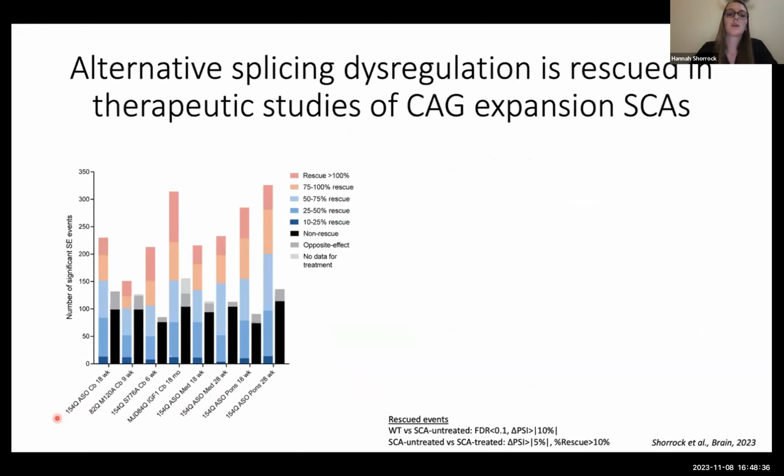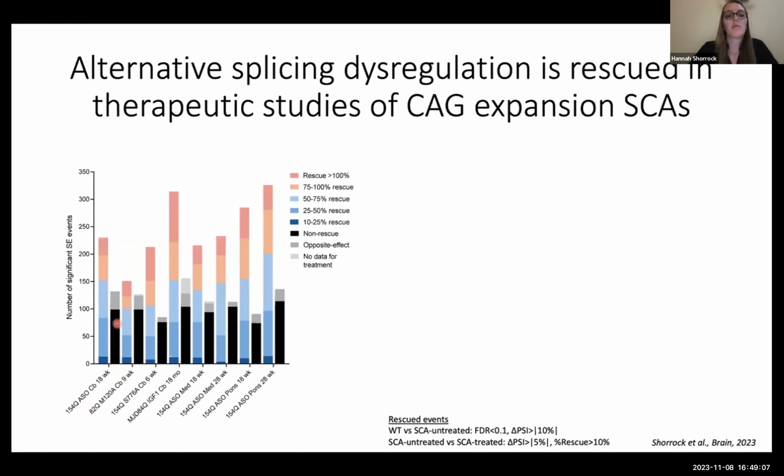And so what I'm showing you here is analysis that we did where we looked at the number of significant skipped exon events between the wild type and the untreated or sham-treated SCA mice. And then we looked to see how those events were affected in the treated mice. So what you can see here is that for this SCA1 ASO study from the cerebellum of these mice, the majority of the events here are rescued to a certain extent.